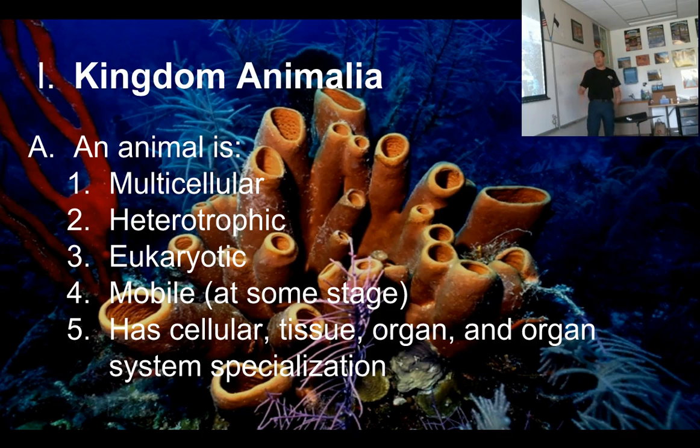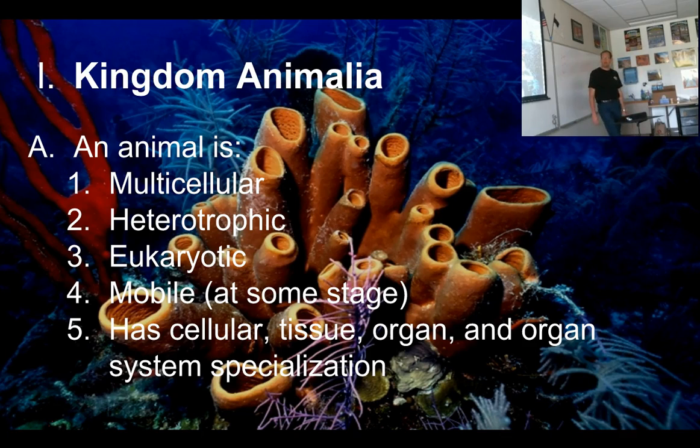All animals are like that. No animals are autotrophic. There are some plants that can eat other things, like the Venus flytrap or the pitcher plant, but definitely the exception to the rule. Generally speaking, plants are autotrophs, and animals are heterotrophs. There are no exceptions in the animal kingdom of an autotrophic animal.